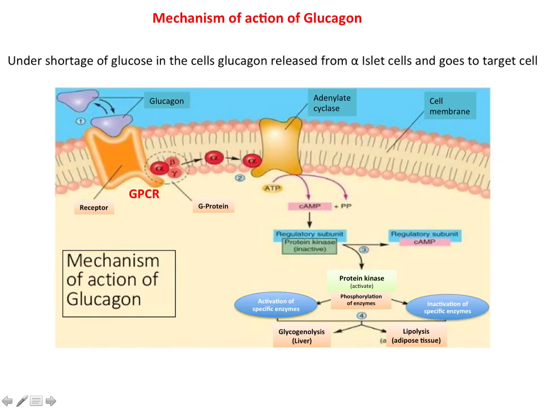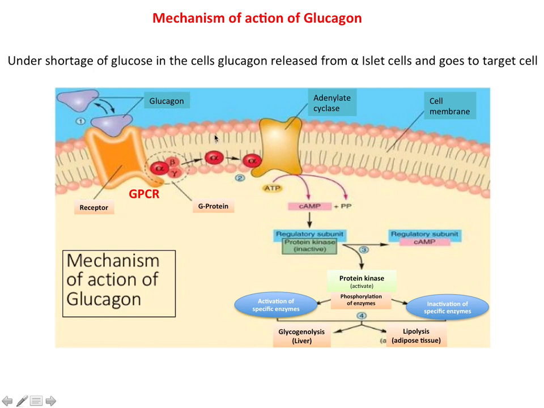Now the mechanism of action of glucagon. The second important hormone of the pancreas is glucagon. Once the body observes a shortage of glucose, the alpha cells of the pancreas start secreting glucagon, which is released in the blood and comes to the target cell.